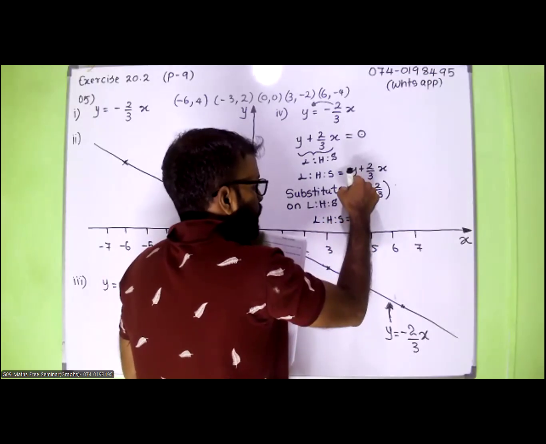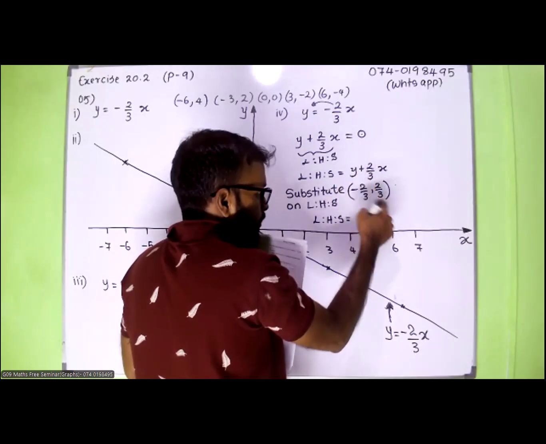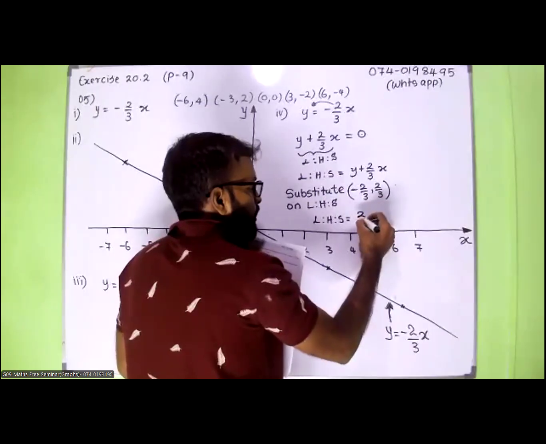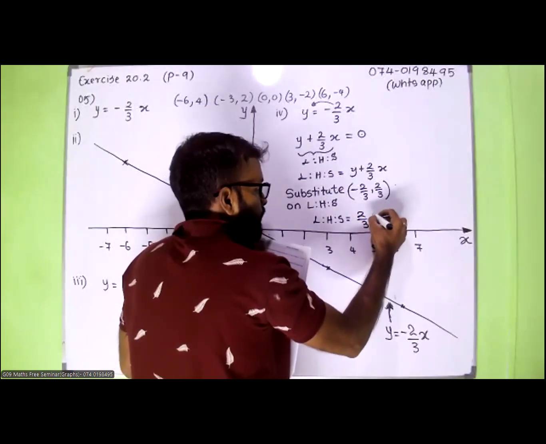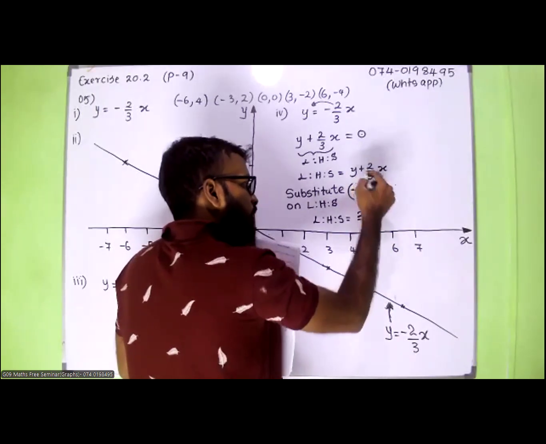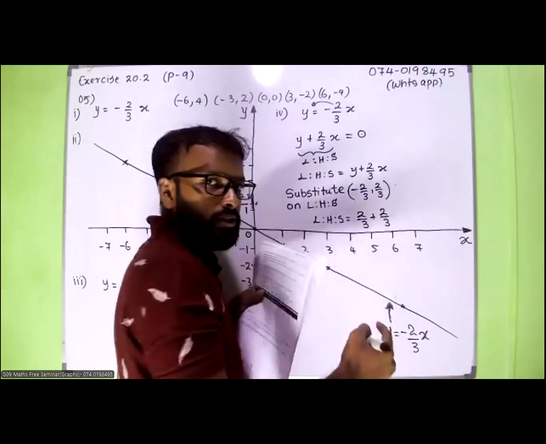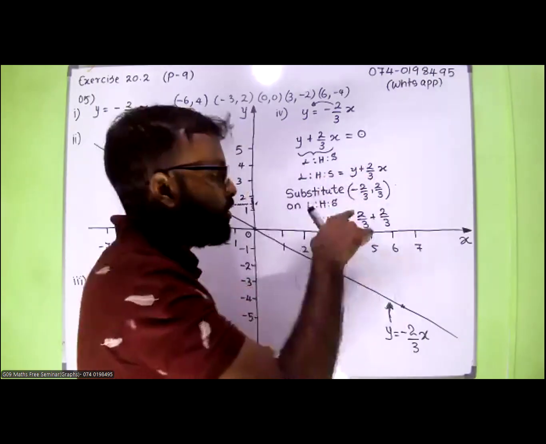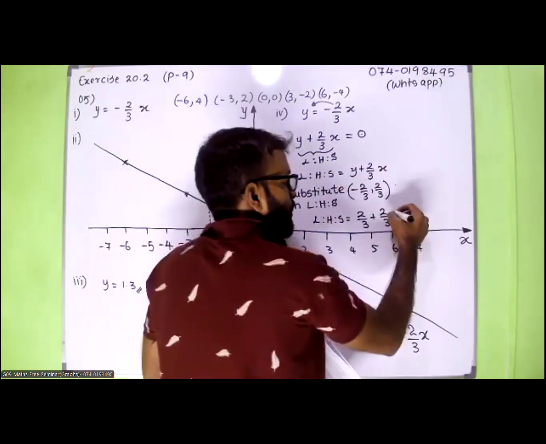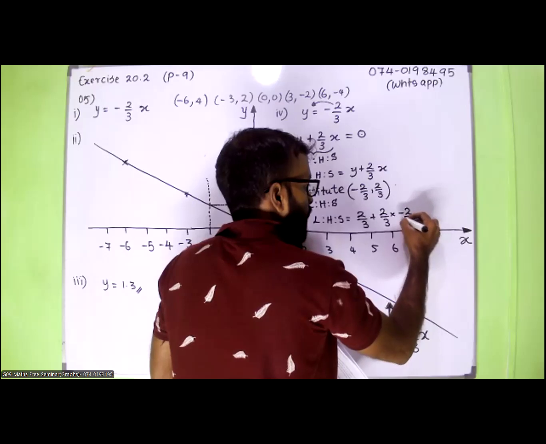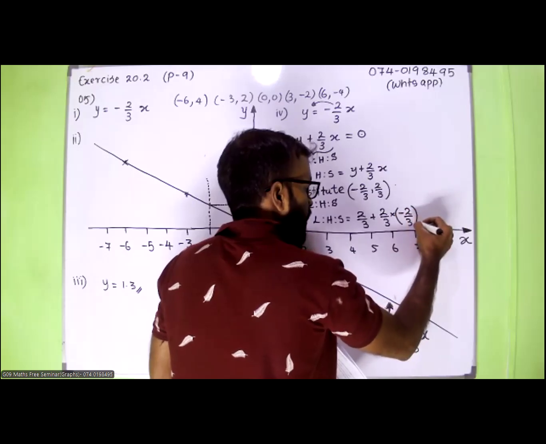LHS equals, instead of y, I am going to substitute 2 upon 3 because that is my y coordinate, right? Plus, here I have 2 upon 3. Here I have x. Instead of x, I am going to substitute minus 2 upon 3 multiplied by minus 2 upon 3, right?